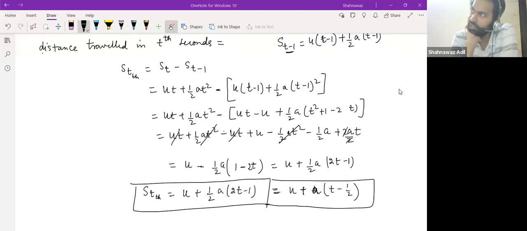In the next chapter, you have only two topics, projectile motion and circular motion. So that will take very little time to complete, because in motion in a plane, the major portion was the vector part, but that I have already talked about.